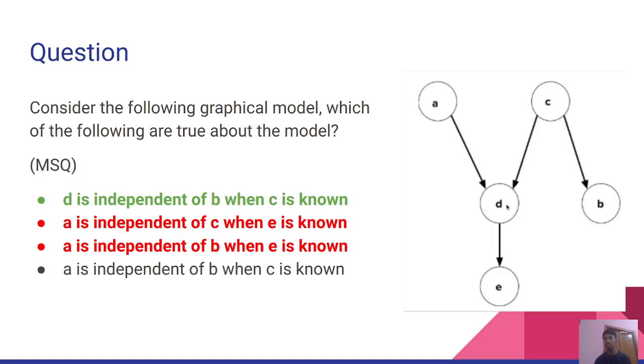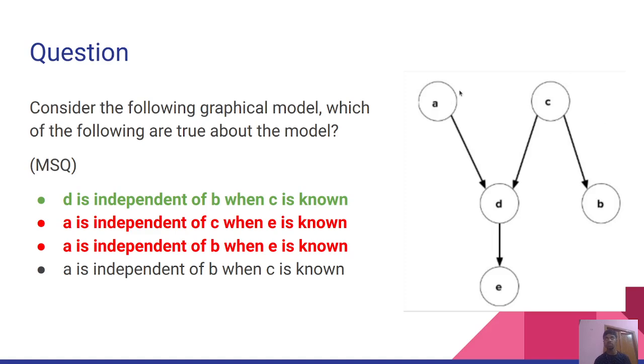So we can reach from D to B. So D and B are not independent, because in this case we are considering C is not known. So this part is not independent.